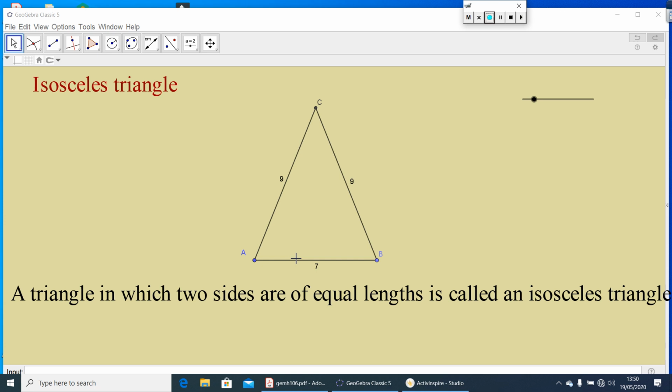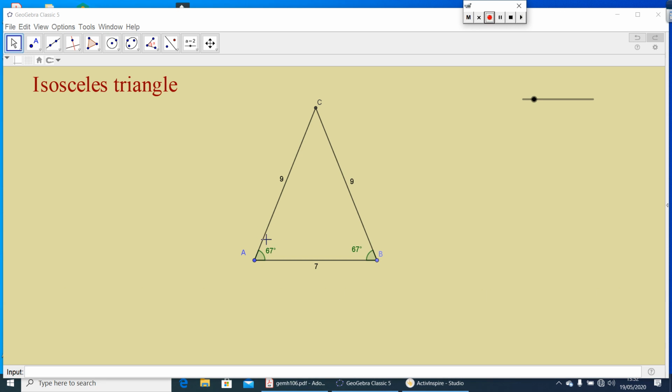Here angle A and angle B we can call base angles. Now let me measure the base angles. Here angle A is equal to 67 degrees, angle B also 67 degrees. These base angles are opposite to the equal sides and you can find they are equal. Now let me change the size of the triangle.